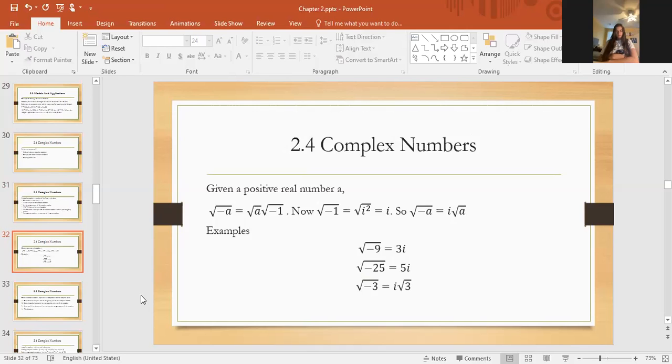We remember that i squared is -1, so square root of -1 is the same as square root of i squared, which is i. So square root of -A will be i times square root of A. As examples, square root of -9 is 3i, square root of -25 is 5i, square root of -3 is i times square root of 3.